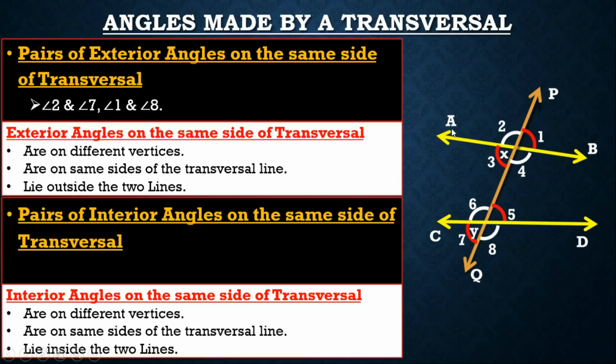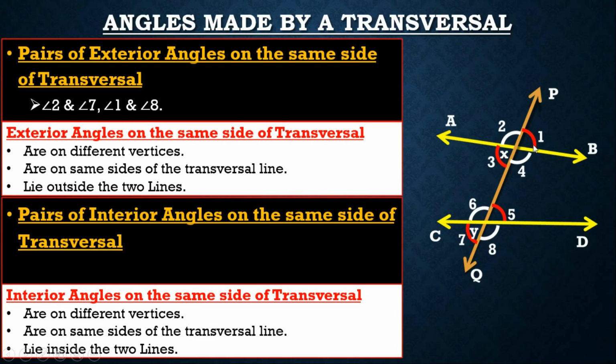That is, arm AX and arm CY are lying on one side of the transversal line, and hence angle AXY and angle CYX is one pair of interior angles on the same side of the transversal. That is, angle 3 and angle 6 are a pair of interior angles on the same side of the transversal. Another pair is angle 4 and angle 5.